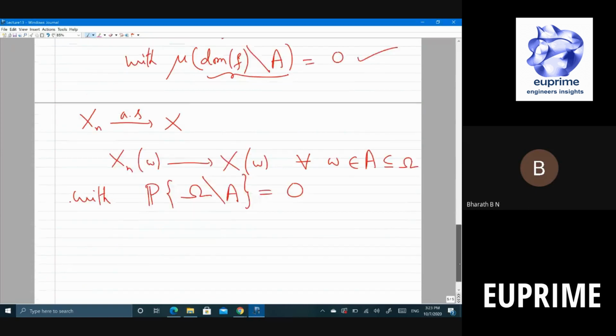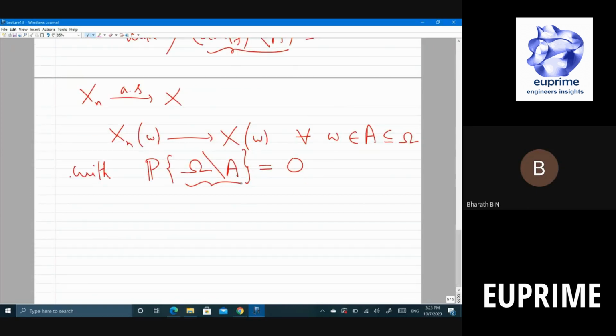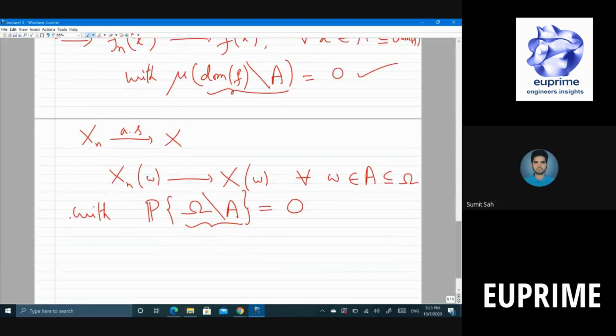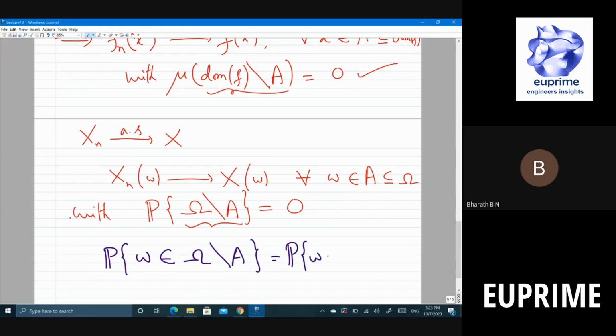What is this set? It is all those outcomes which belong to Omega but not A. So this is the probability of all omega belonging to Omega remove A. What does that mean? It means Xn of omega does not converge to X of omega, and that probability is 0.